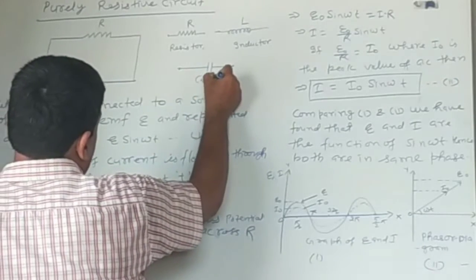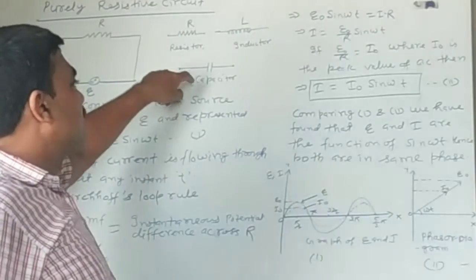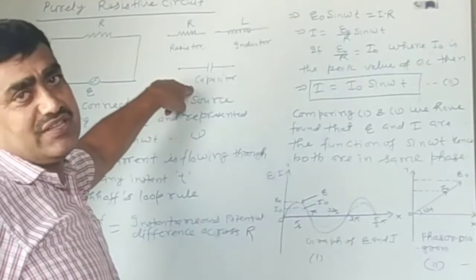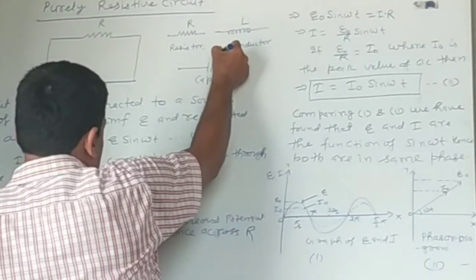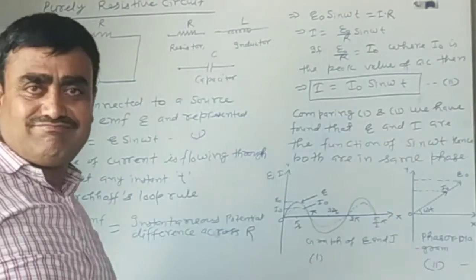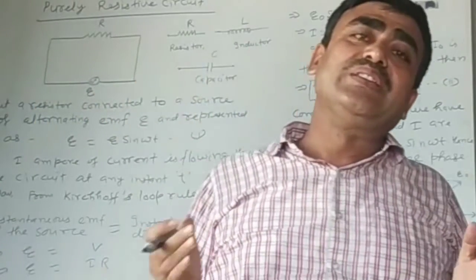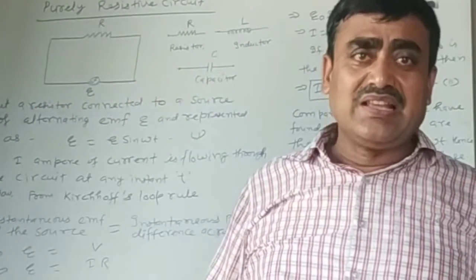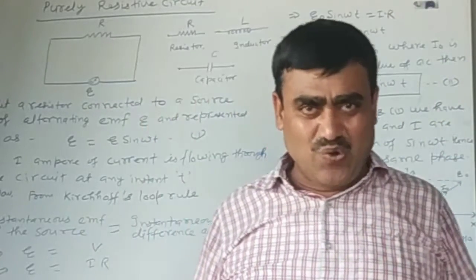A capacitor has capacitance C. Actually, capacitor is an energy storage device like that of a cell or battery.